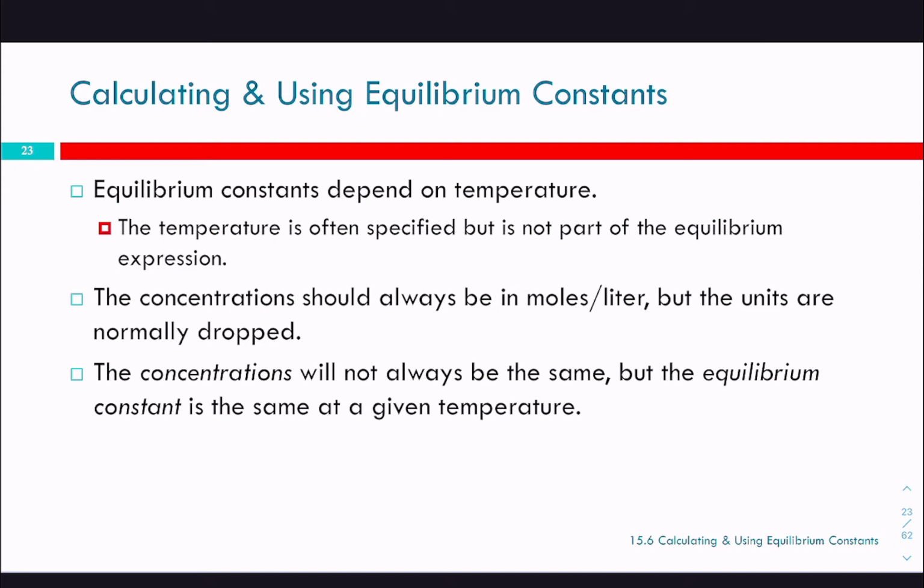The concentrations, actually there's a nice table for this. The concentrations will not always be the same at equilibrium, right? So it won't always be 2 moles of product and 1 mole of reactants, but it'll always be the same equilibrium constant. So let's say for one of our reactions we get 2 moles of product over 1 of reactant. We'll make it really easy. You don't necessarily need to have those concentrations to get that same ratio.